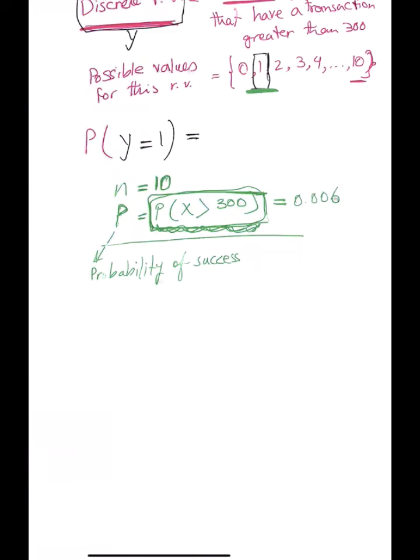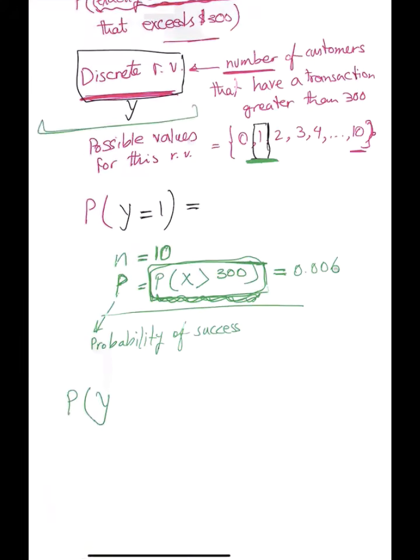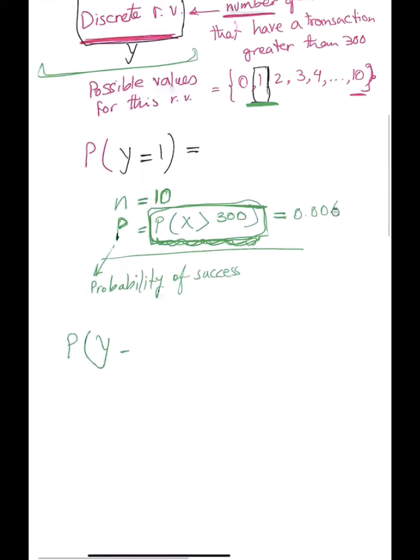So with that, if I want to find the probability that the random variable y takes the value of 1, which means exactly 1 out of those 10 people has a transaction amount that is greater than 300.